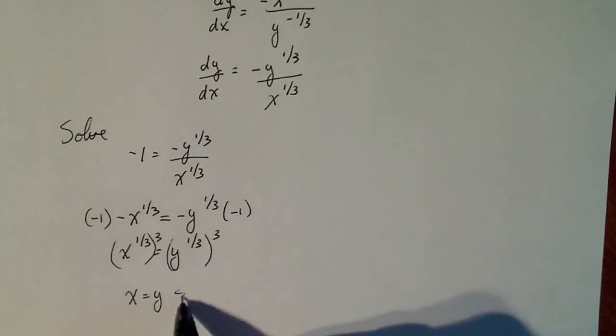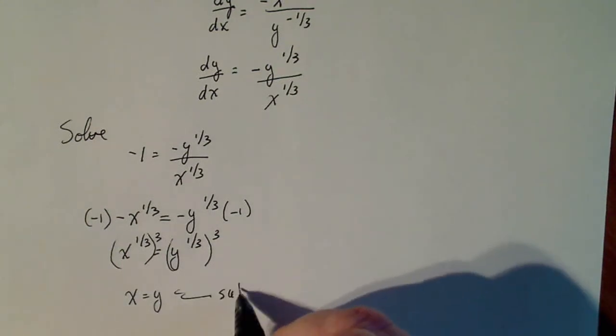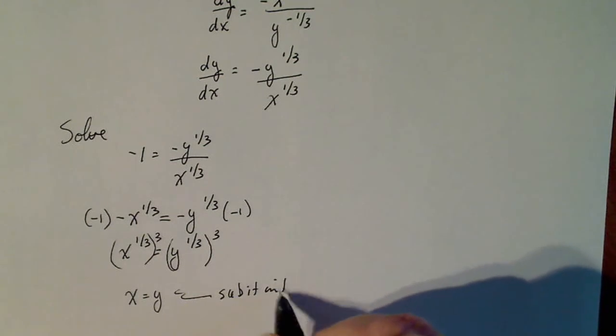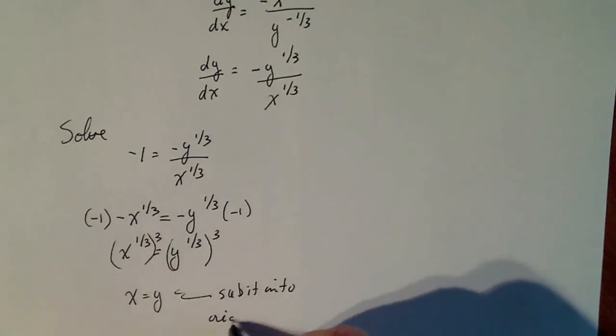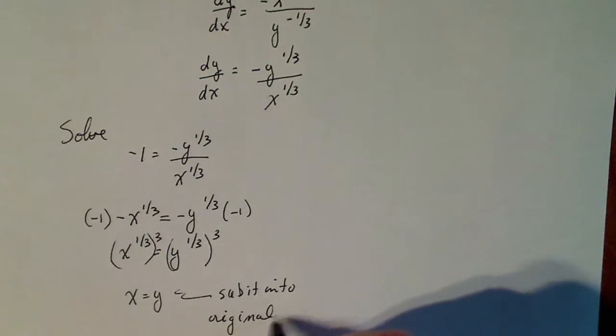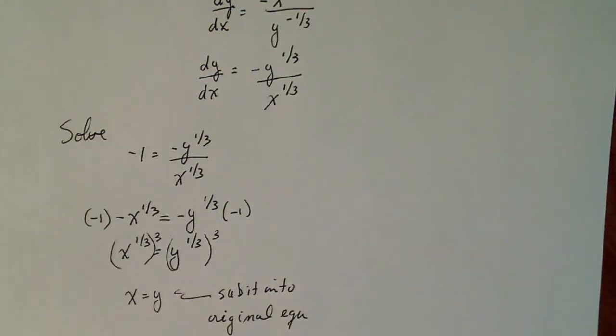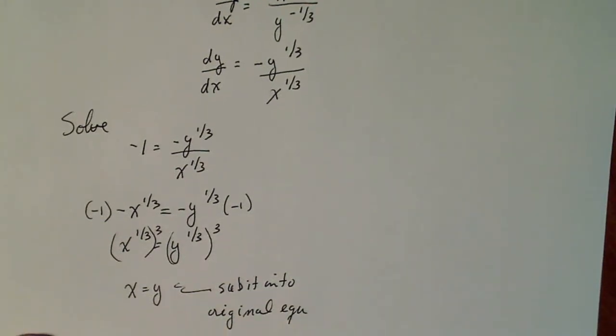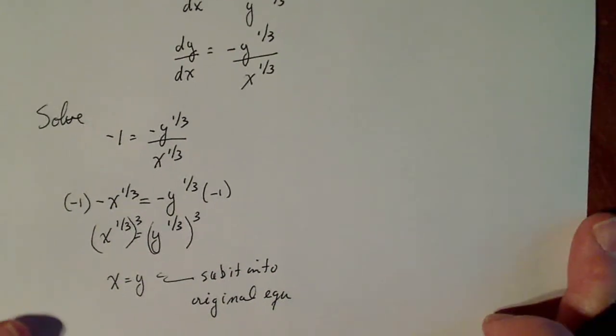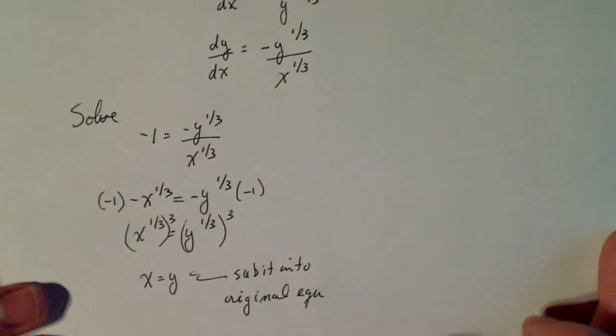So what I have to do is take this and sub it into the original equation. And then that's going to give me the points where the slope of the tangent line to the curve is -1.